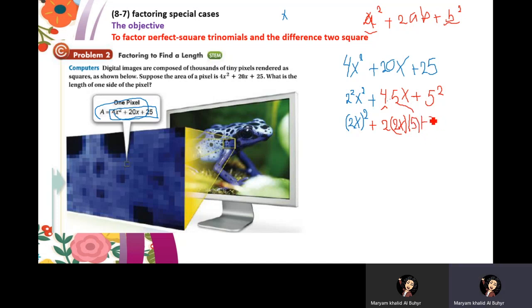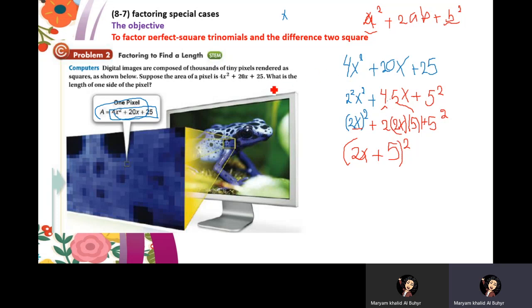Plus 5 to the power 2. Great. That's what I need. I can directly take this term, say 2x, since I have the first term squared, the last term squared, plus 2 the first times the second. Well, that's what I need. That will be plus 5, all this to the power 2.